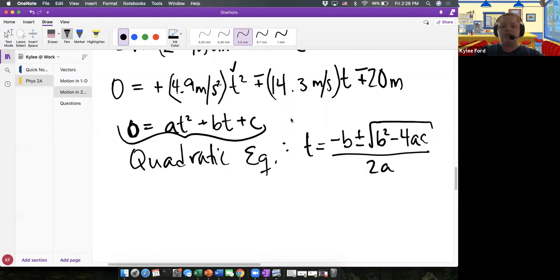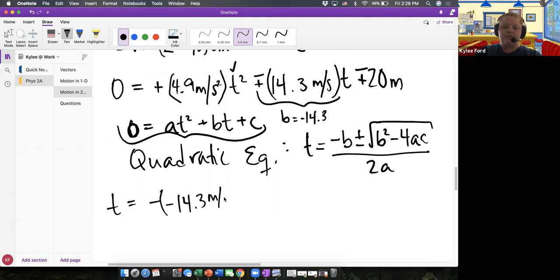Now I'm going to use the quadratic equation to solve for my time. So t equals negative b, and my b here is negative 14.3 meters per second, plus or minus the square root of negative 14.3 squared minus 4 times a.